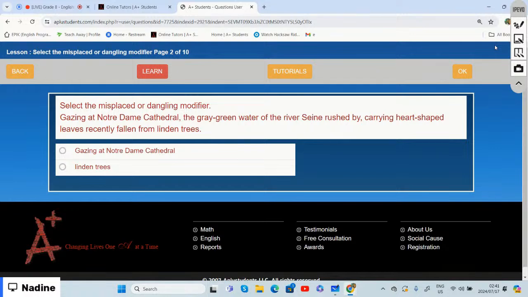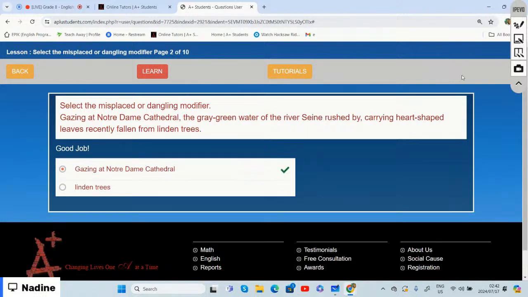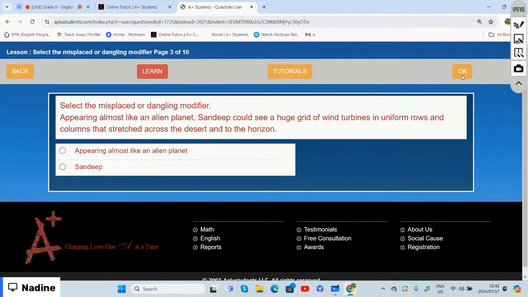And if we were to choose the correct modifier, we would choose gazing at Notre Dame Cathedral. All right.